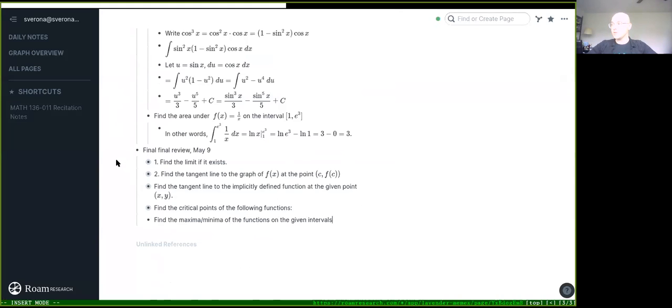So this is going to be essentially more of the critical points exercise with the additional step at the end that I'm going to do one of two things. Either I'm going to do a first derivative test or second derivative test.